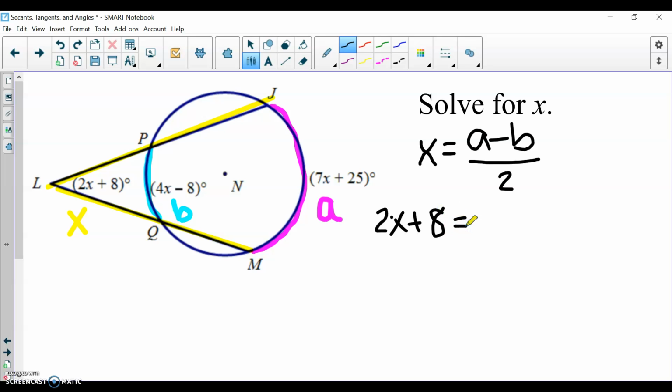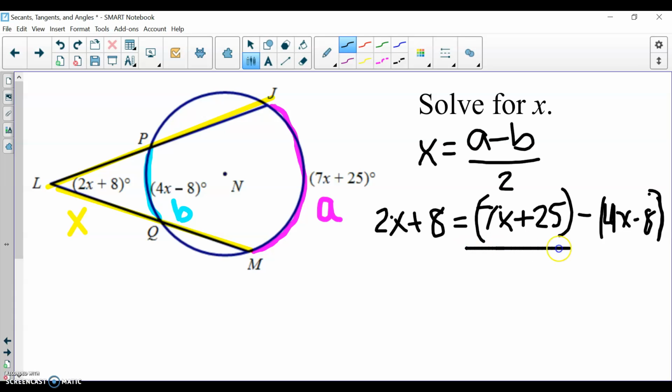Our value of A is 7x plus 25. And then we're going to subtract the value of B, which is 4x minus 8. And then this is all divided by 2.